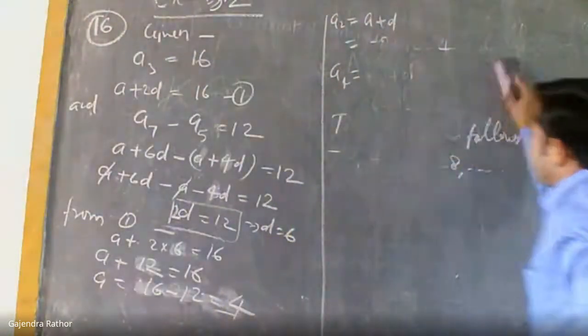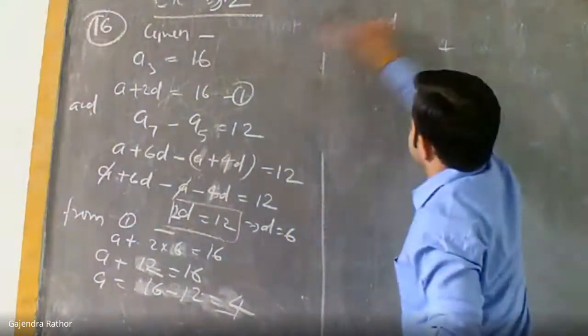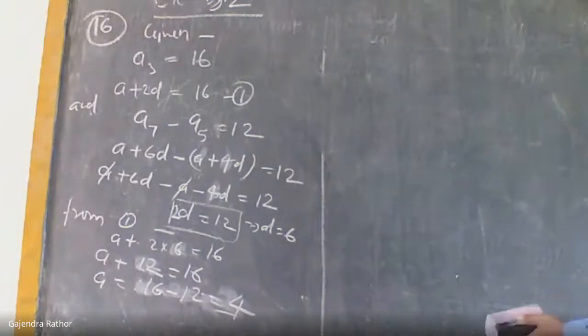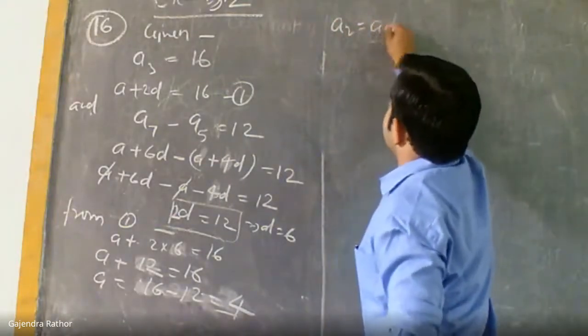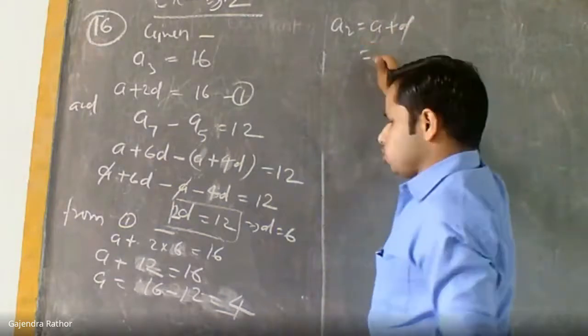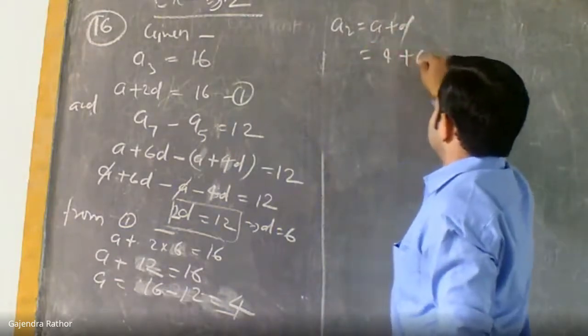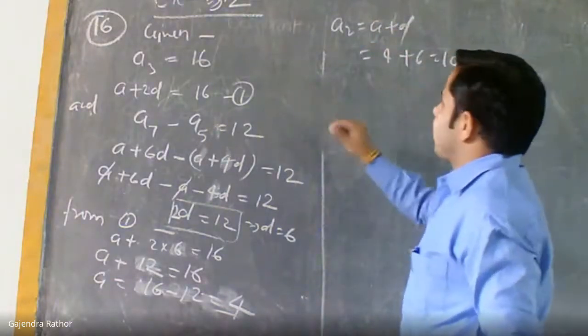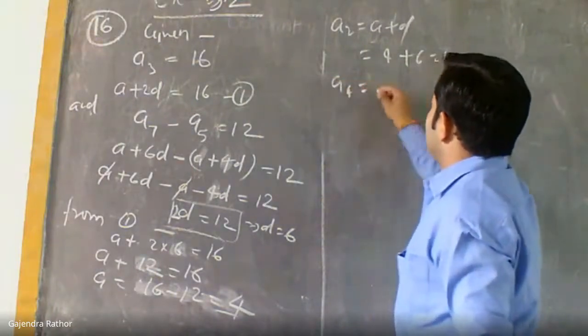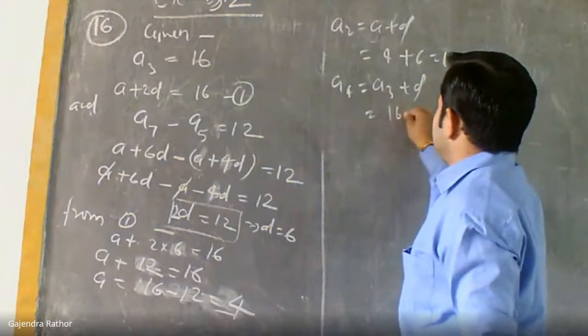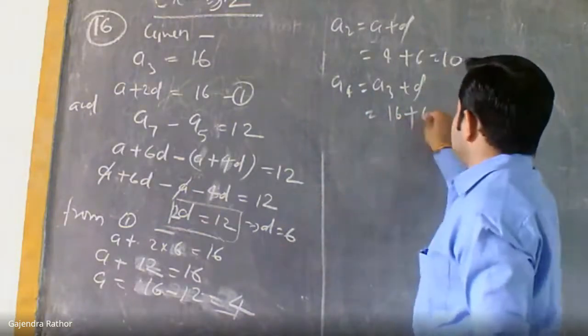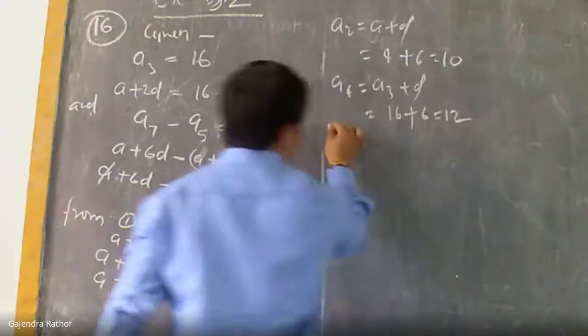So once again we find A2 is equal to A plus D, which is 4 plus 6, equal to 10. A3 we have, 16. A4 is equal to A3 plus D, which is 16 plus 6, equal to 22.